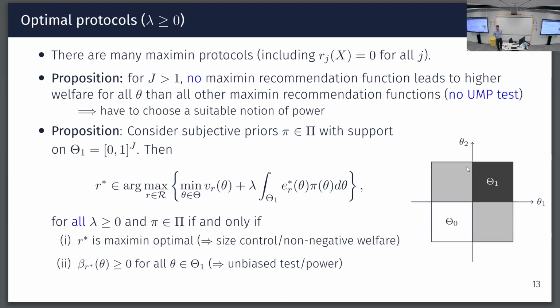Can I just ask you to go slow for me? Okay. So if you take lambda equals 0, cap J equal to 1, so the simplest case, just one hypothesis, no benefit of experimentation. Then my utility is really just, I guess, decision times theta.